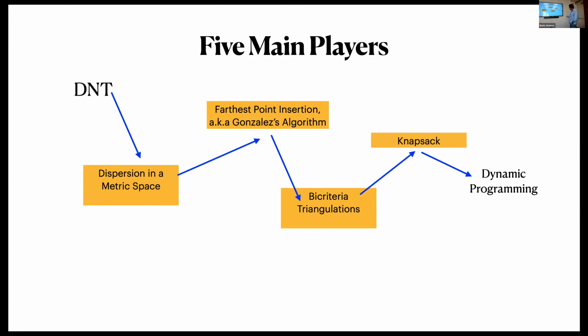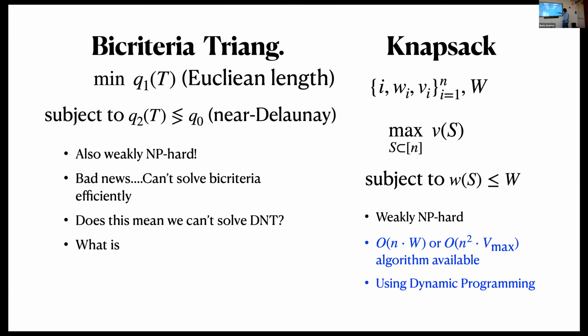But the key point is in realizing that there is the weakly here. As I said, weakly means there are algorithms of this type, n times W, where W is the size of the knapsack. Or there's also an algorithm which is n squared times the maximum value of any of those objects. So we have algorithms that run in this time.